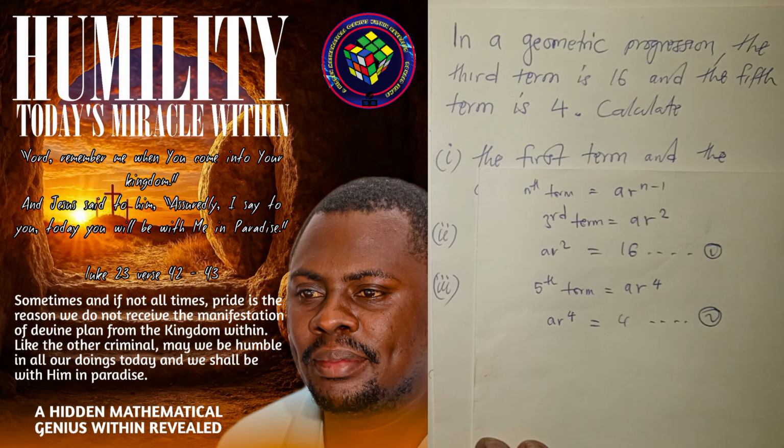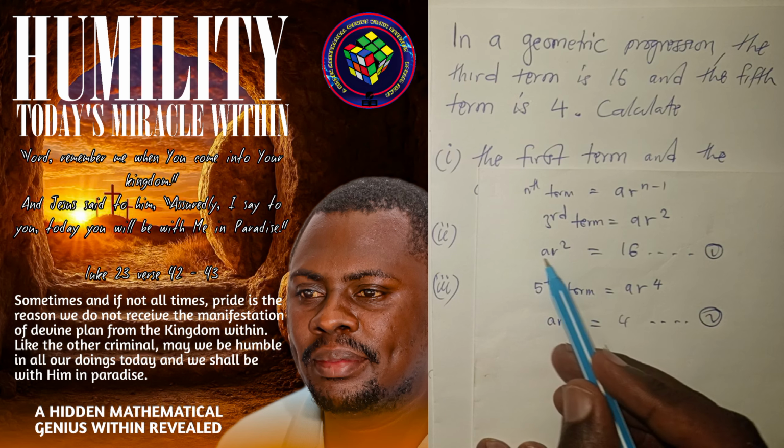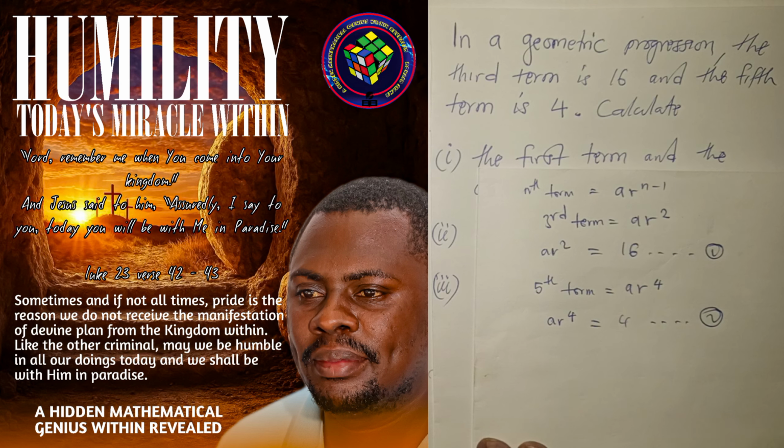Here it's just a matter of dividing the two equations, so that we cancel out the a's and remain with just r. We can see that in equation 2, the power of r is 4, and in equation 1, the power of r is 2.